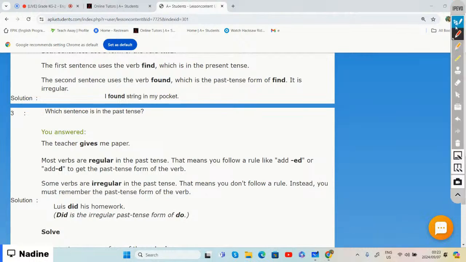All right, then let's do the last one before we go to our test. It says, the teacher gives me paper.